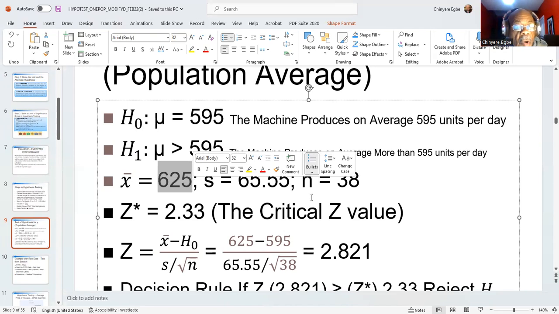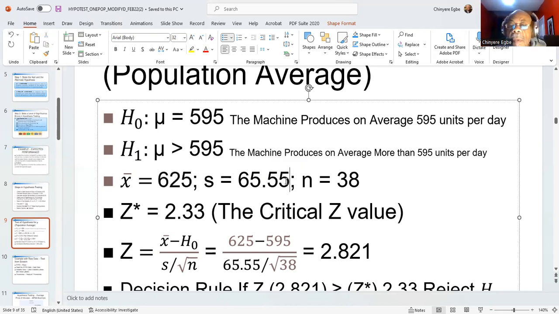No, it depends on the standard deviation and also on the sample size that you're using. If you use a small sample size, you're more likely not to reject the null hypothesis. If you use a large sample size, you are more likely to reject the null hypothesis.